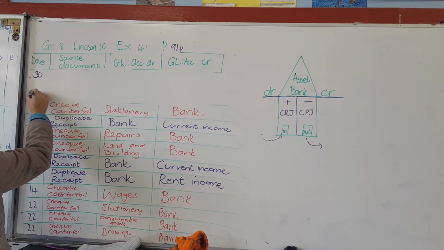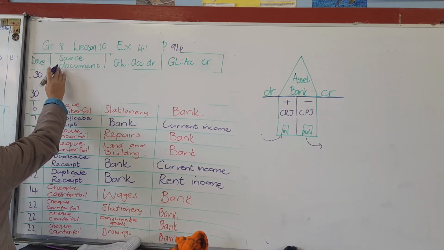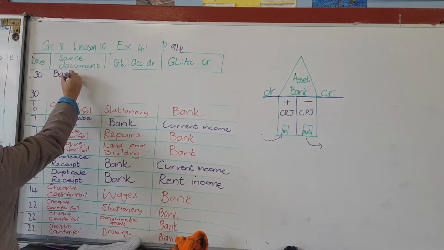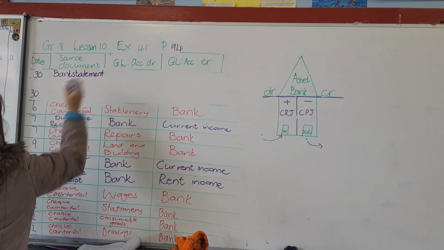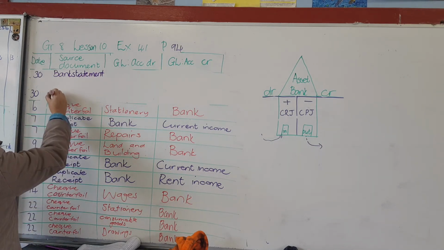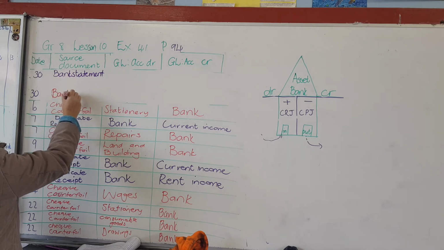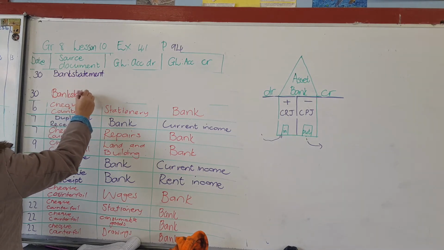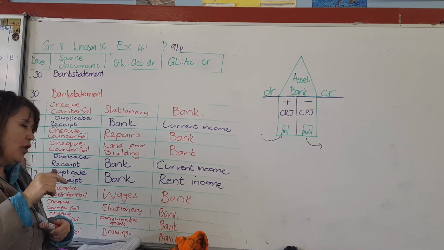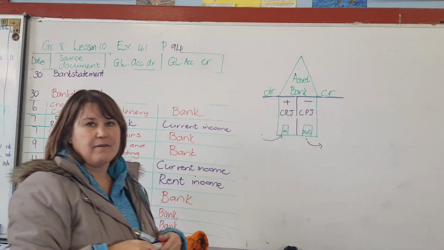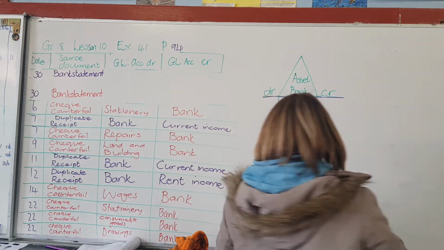What is my source document with both of them? Bank statement. But what happened in the first transaction? It says there we've earned 125 Rand for interest.